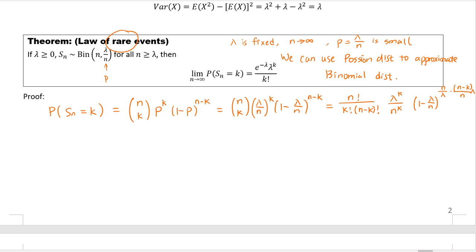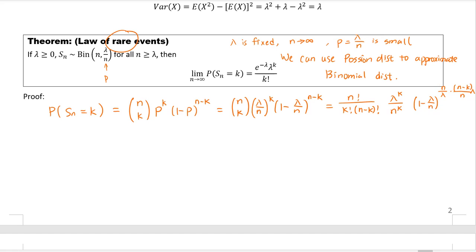Why can I do that? Because when we multiply them, n cancels, lambda cancels, and we just get n minus k. So I'm not changing it; this is still the same power, just rewritten like this.